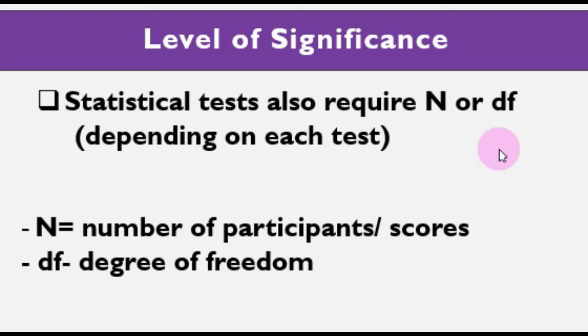Okay, kung sinabi doon na ang degree of freedom nito ay may nakalagay doon, kukunin mo yung degree of freedom if it's an adaptive test. Okay? Tapos siya ngayon yung i-apply mo doon sa research mo. Okay? N is the number of participants scores and DF is the degree of freedom.